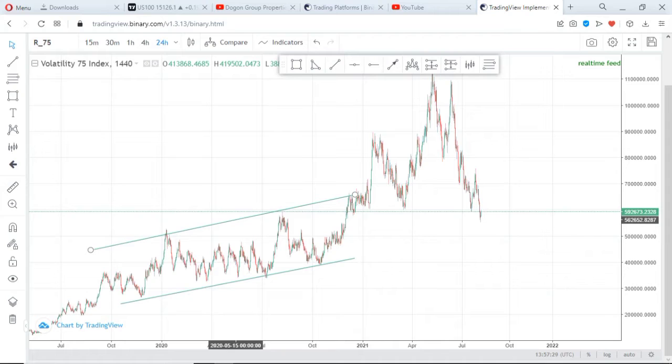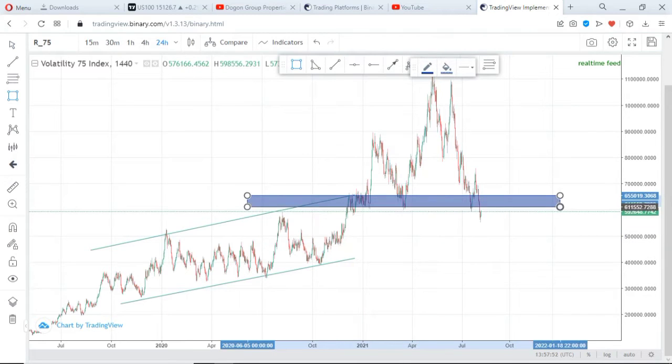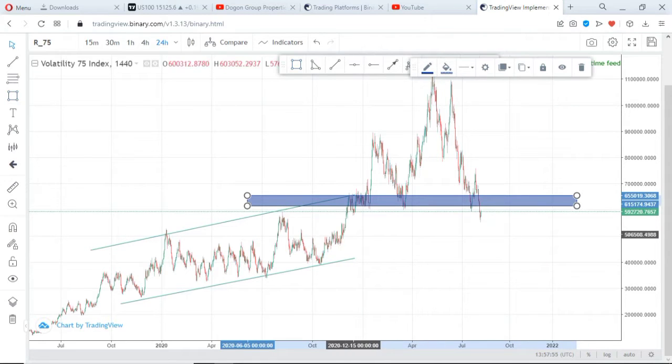As we're going on a bullish channel, this line we call a resistance. It's a resistance line on our bullish channel, and then you get a support line at the bottom. Then our chart broke through and retested on top of this resistance channel line. You can put a zone there. Let's rather put a zone here, because as soon as the chart broke through and came and retested, that's when this part became sensitive.